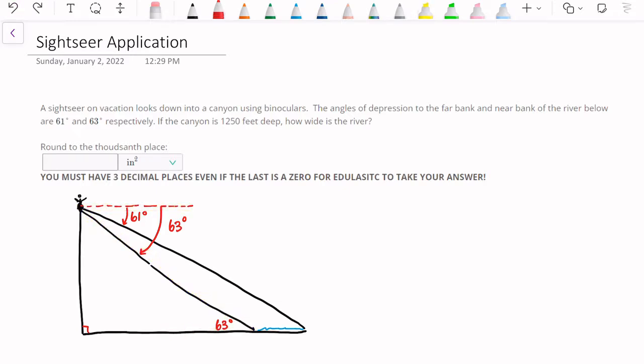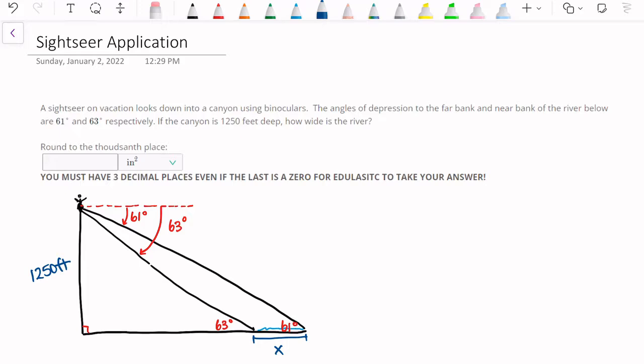And my 61 is going to be that farther angle. Okay, they also told us that the canyon is 1,250 feet deep. So that's going to be how tall or how far my sightseer is off the ground. We want to find the width of the river. So I'm going to call that X.